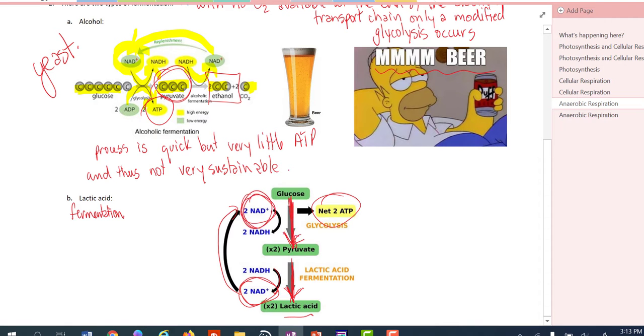It can go back up here to help drive this reaction. This is key as a part of breaking down glucose into the pyruvate. And the lactic acid is produced by working muscle cells.